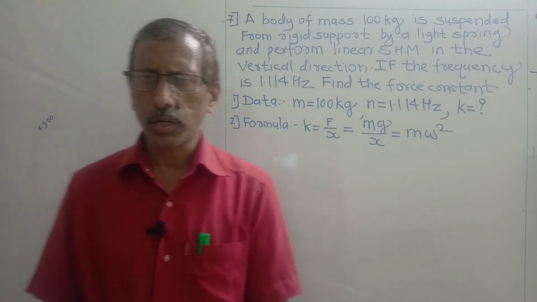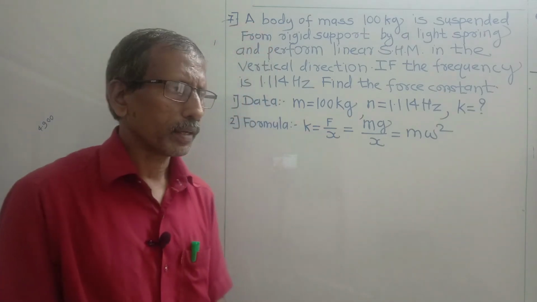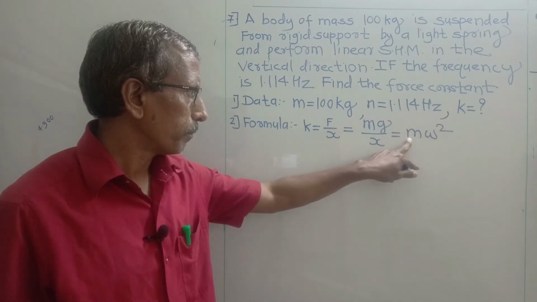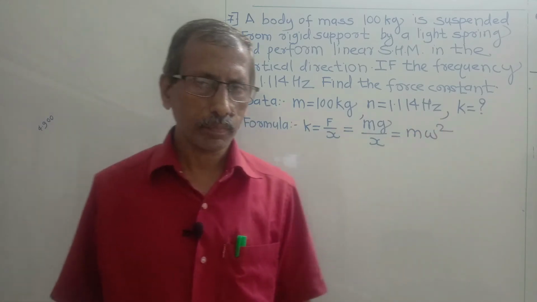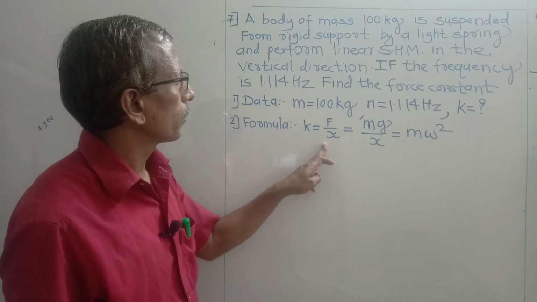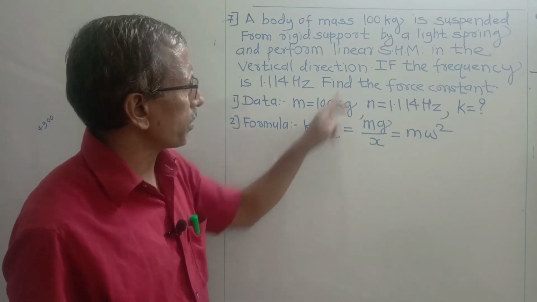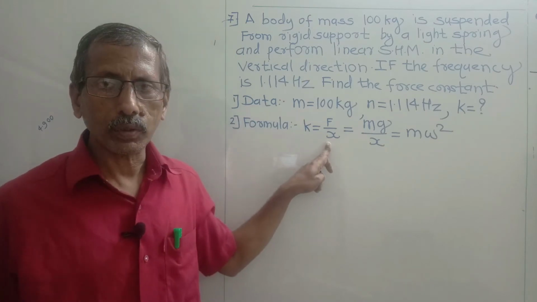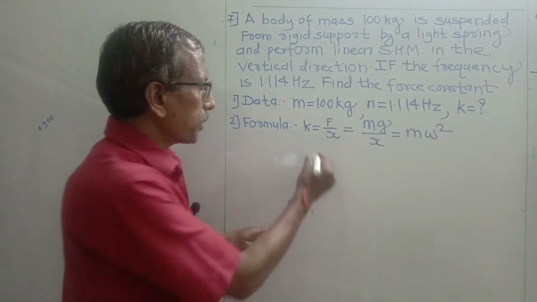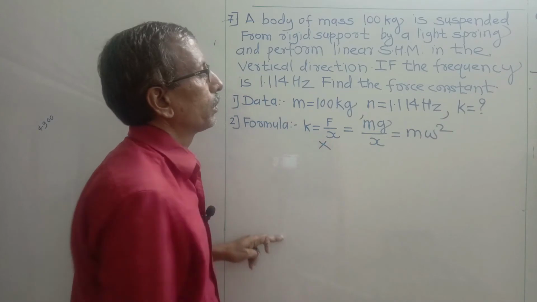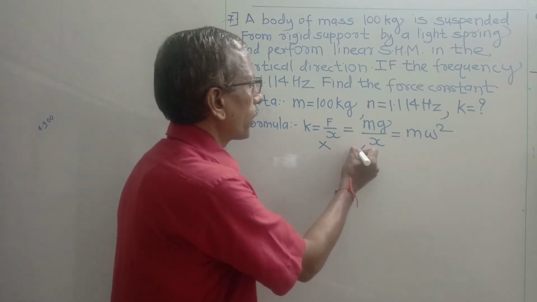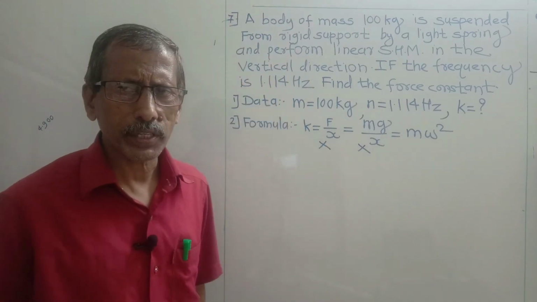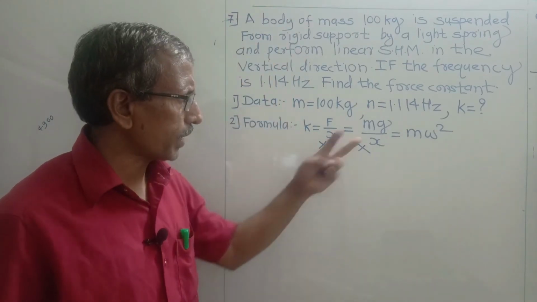In the last lecture, from the differential equation, we found omega square, put the value of m, and so got the value of k. Here F is not given, but displacement is also not given, so this formula is not applied. Differential equation is not given here, so we can't apply this formula either.